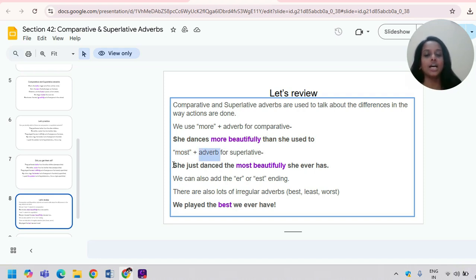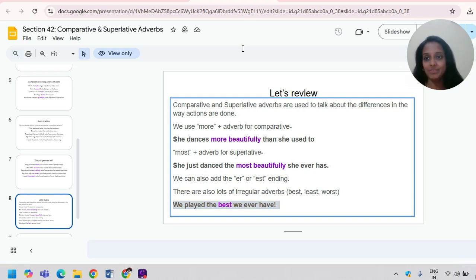She just danced the most beautifully she ever has. And we can also add er or est at the ending. There are also lots of irregular adverbs, right? Like best, least, worst. We played the best we ever have. This is an example given.